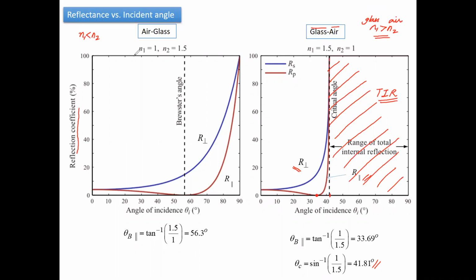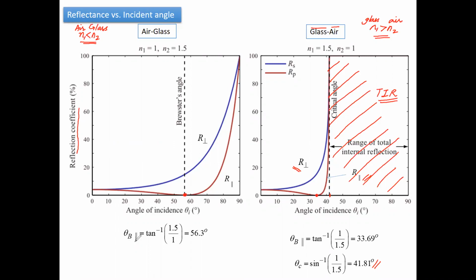Now for the air-glass interface, here you will not see total internal reflection because the refractive index of air is smaller than the refractive index of glass, but you will see only the Brewster angle. And see, the Brewster angle is somewhere here.